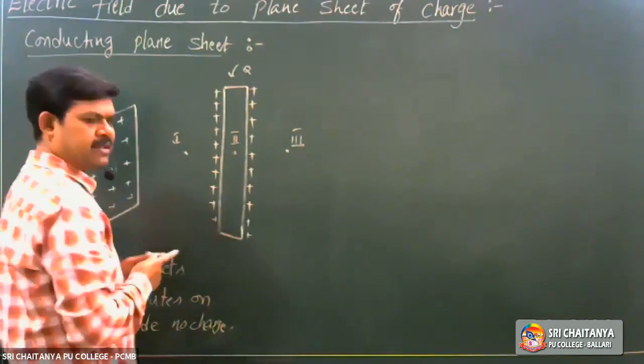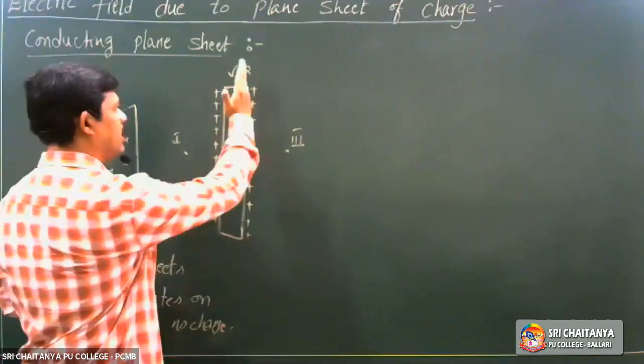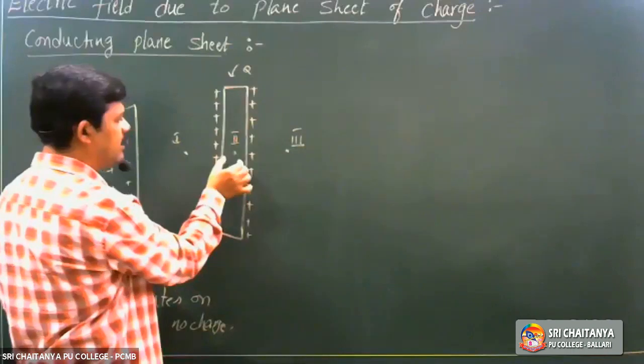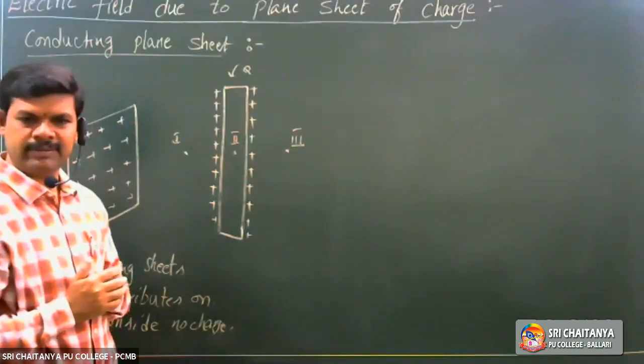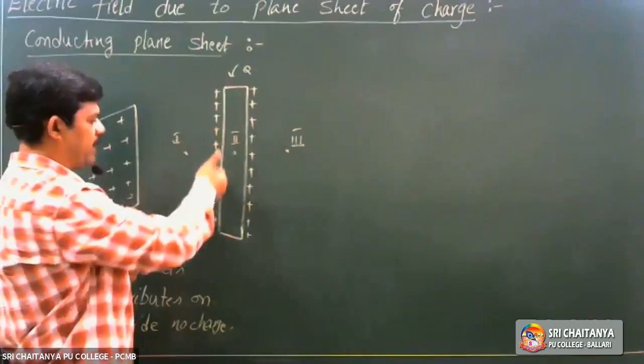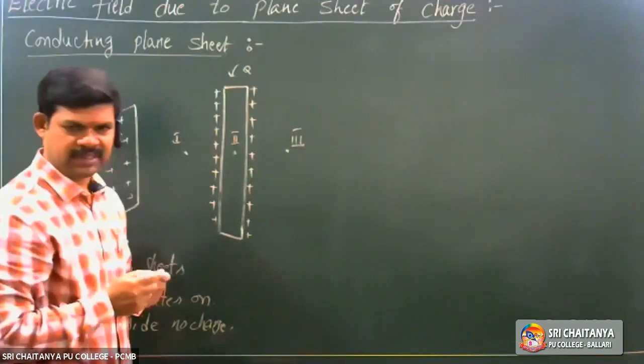If you observe this, it appears that this is one positive plate, this is another positive plate, separated by some small distance.